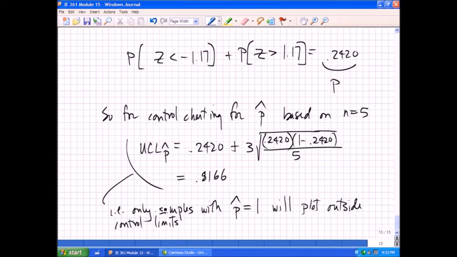That is, if you come back up here, you change that plus sign to a minus sign, you're going to get something negative for a lower control limit. The upper control limit is bigger than 80%, that corresponds to more than 4 out of 5 plotting outside of limits. So that says only samples with p hat values of 1.0 are going to plot outside of limits.